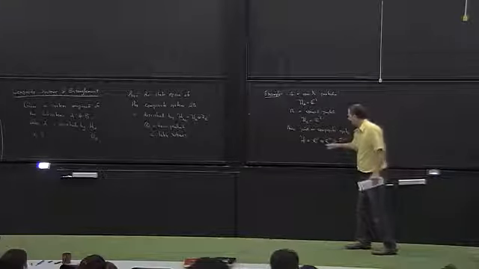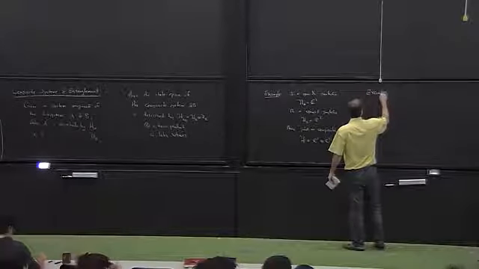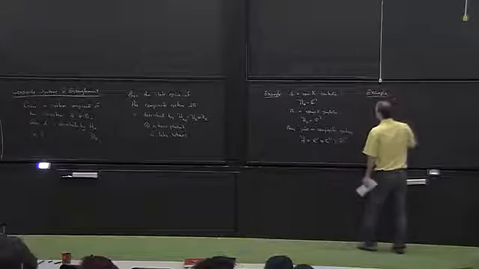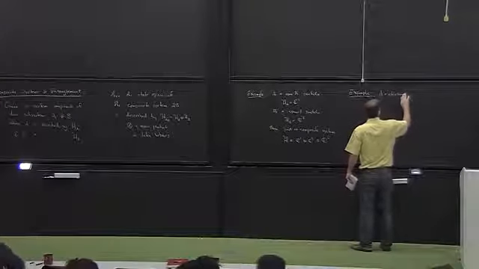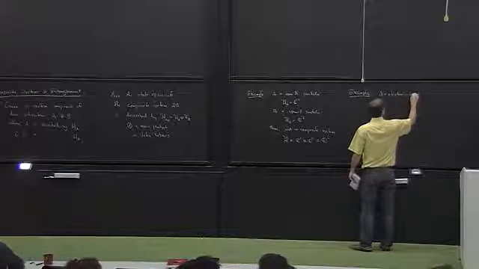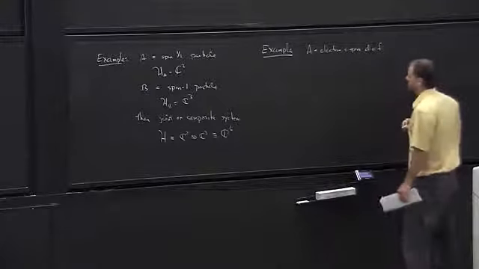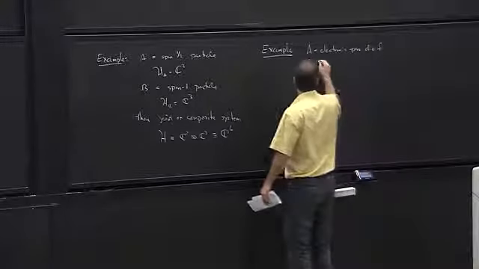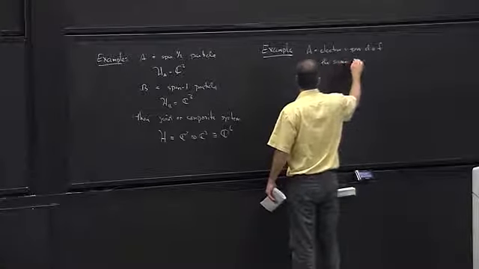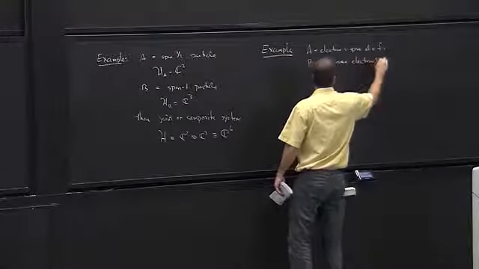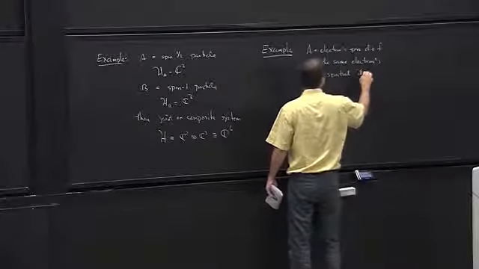So here we can just multiply these spaces together. Another example is A equals, say, an electron's spin DOF, where DOF is degree of freedom. B equals the same electron's spatial degree of freedom.